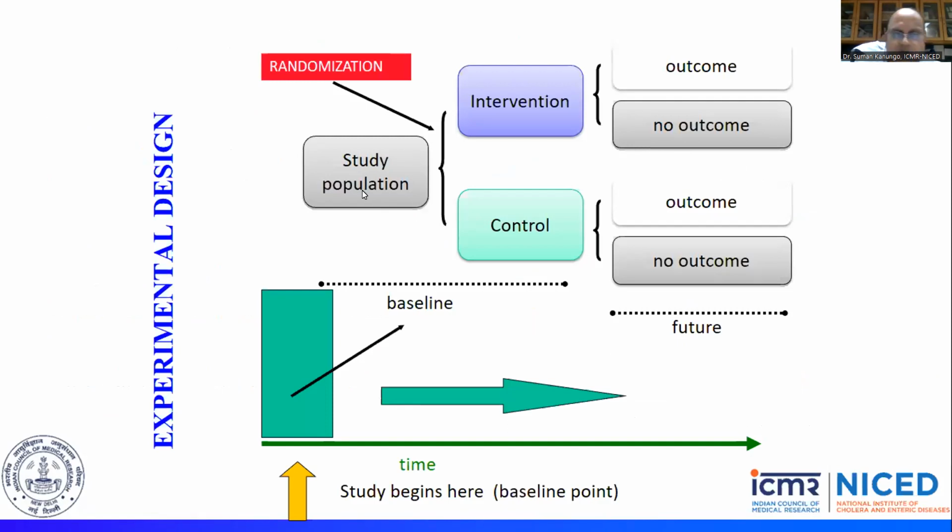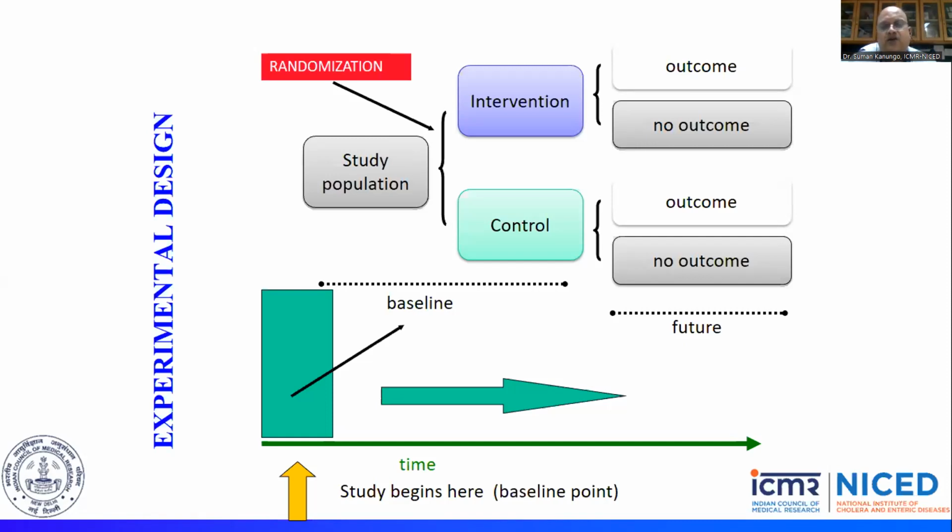So this is an experimental study design that we can think of. This is a study population or the study subjects. We randomize. One group receives the intervention and one group does not, with all of the standard care of treatment, which becomes the control. Then there is an outcome. There can be two possibilities, dichotomous: there is an outcome or there is no outcome in both groups.